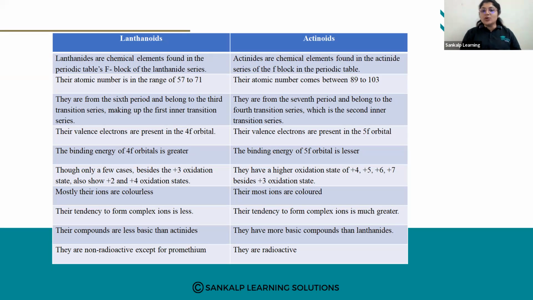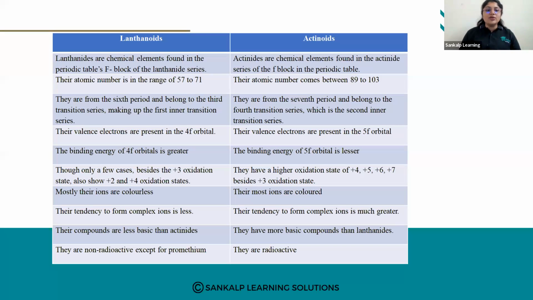Actinoids are the chemical elements found in the actinoid series of the F block, and their atomic number ranges from 89 to 103. So this is the main difference. Both are F block elements, but lanthanoids are from the lanthanide series and actinoids are from the actinide series.